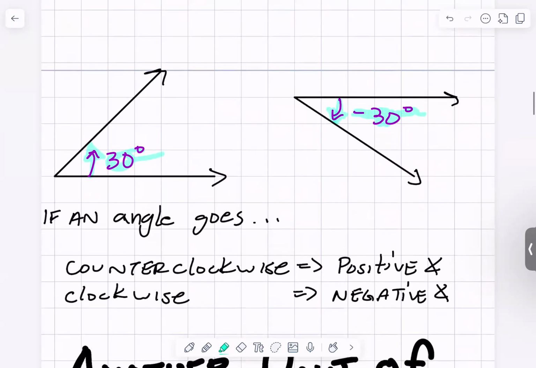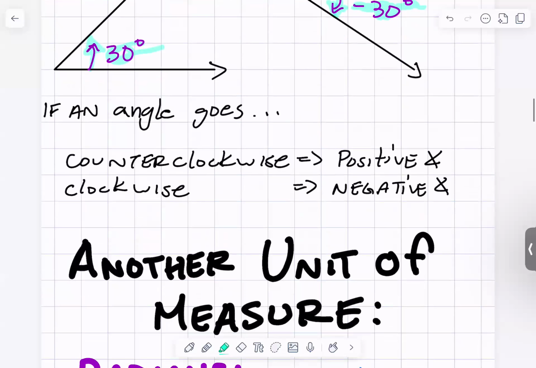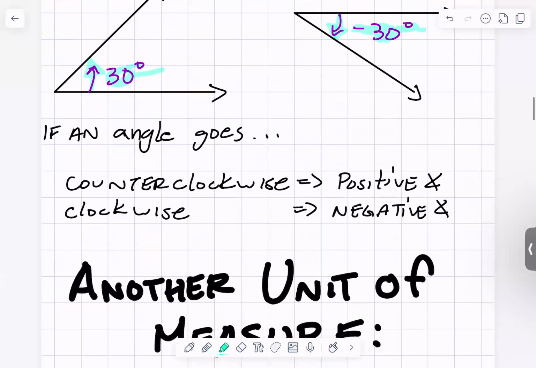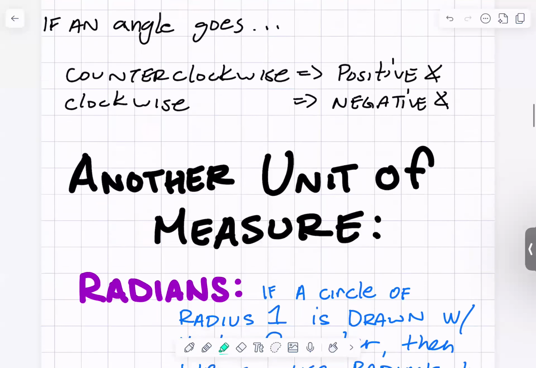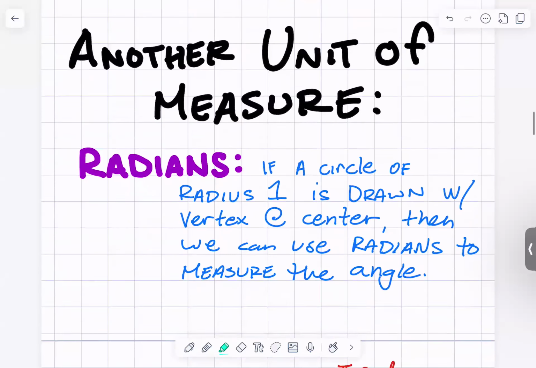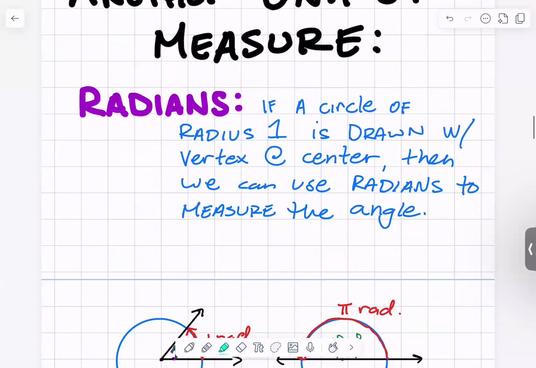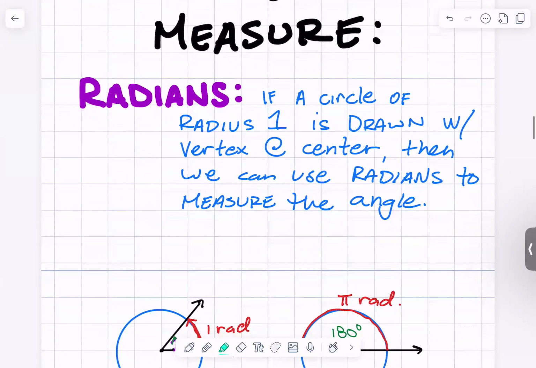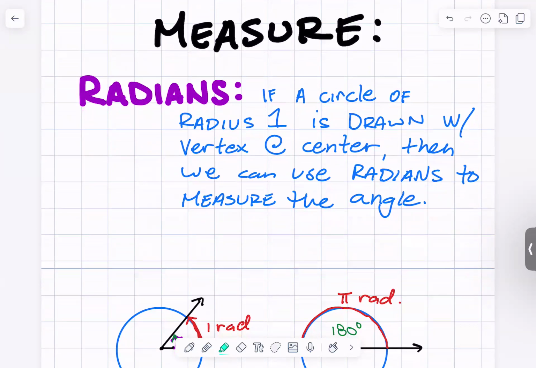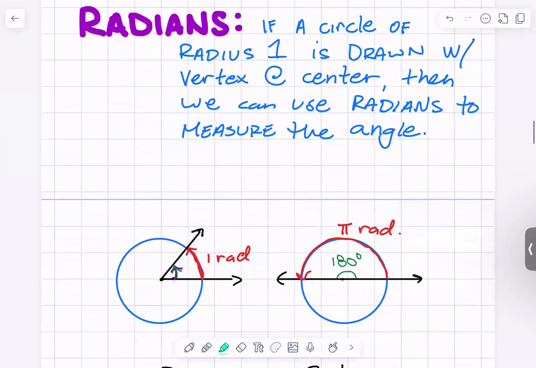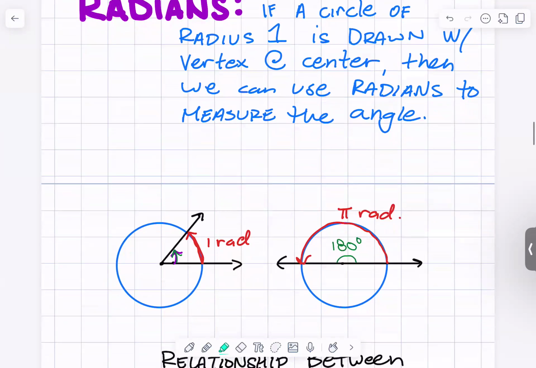But another unit to measure angles, besides degrees, is called radians. If a circle of radius 1 is drawn with the vertex at the center, then we can use radians to measure the angle. But what are radians? Imagine that this circle has a radius of 1.